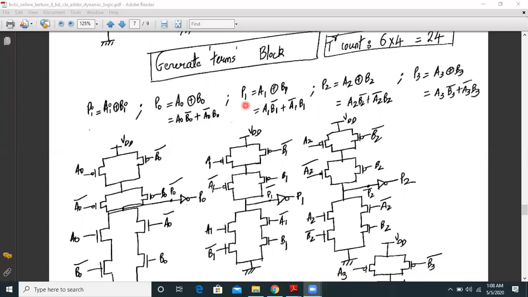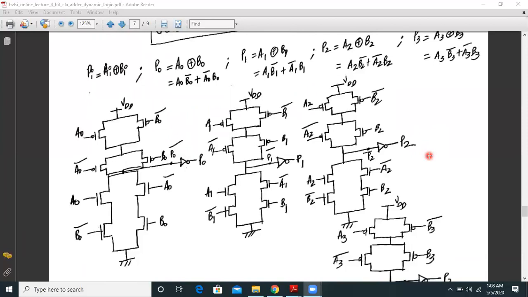Similarly, we can write the expression for P1, P2, P3. Now let us check the implementation for P0. In the pull down network, we have two NMOS transistors in series with the inputs A0 and B0 bar. This network is in parallel with the transistors in series with the inputs A0 bar and B0.